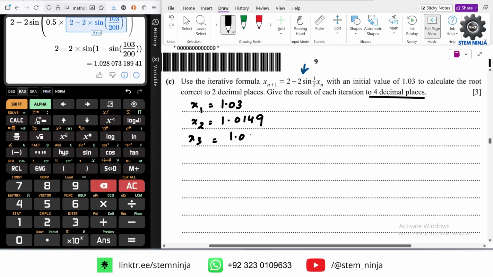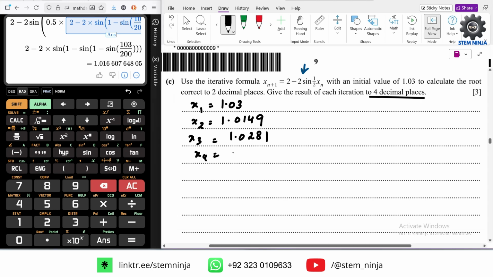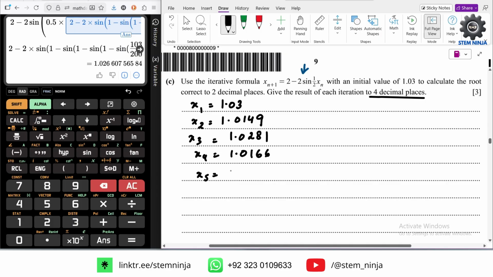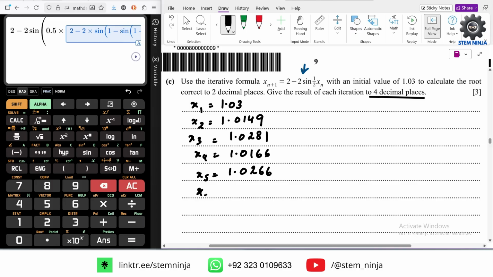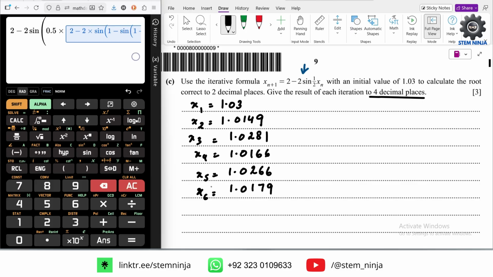This would be 1.0281. 1.0166, 1.0266, 1.0179, okay, so I'll continue from over here, right?